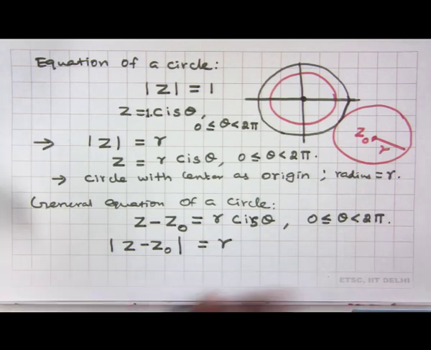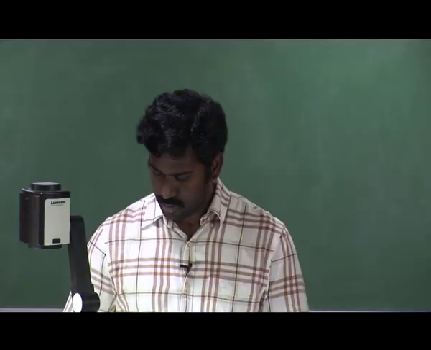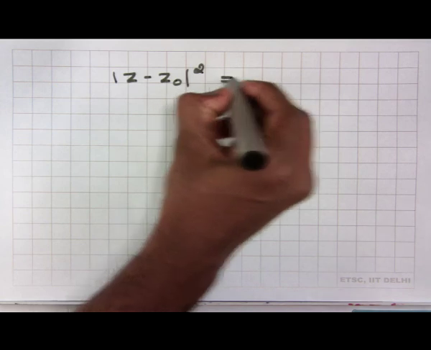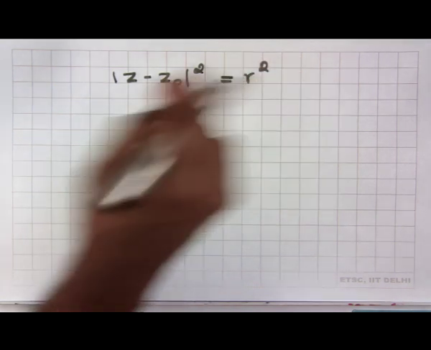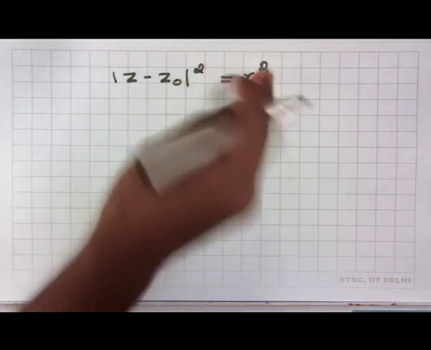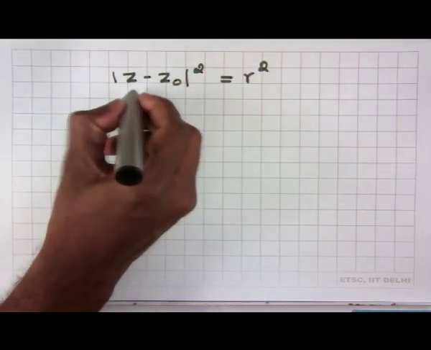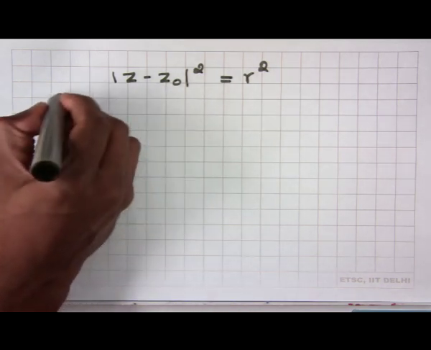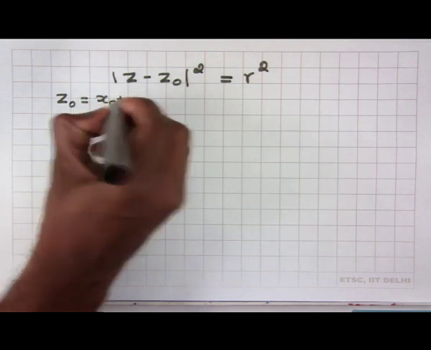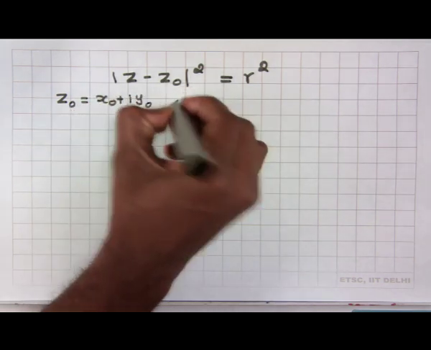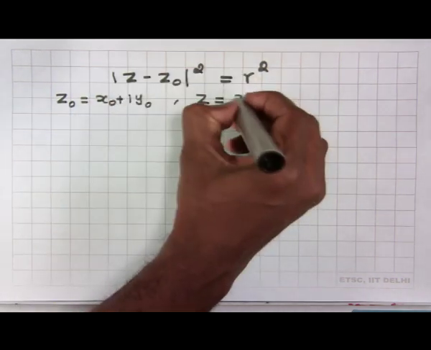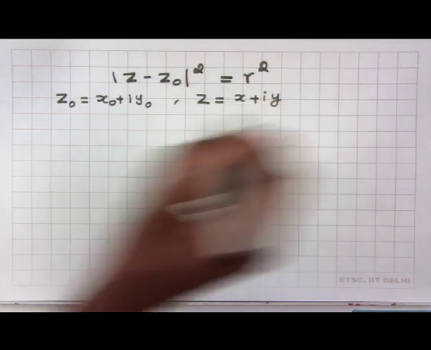Now, let us again look back at this equation. The general equation of the circle, we are writing, is modulus of z minus z naught equal to r. Now, I just squared it. With simple notation, let us say z naught is x naught plus i y naught, and let us consider the arbitrary point z satisfying this equation as x plus i y.